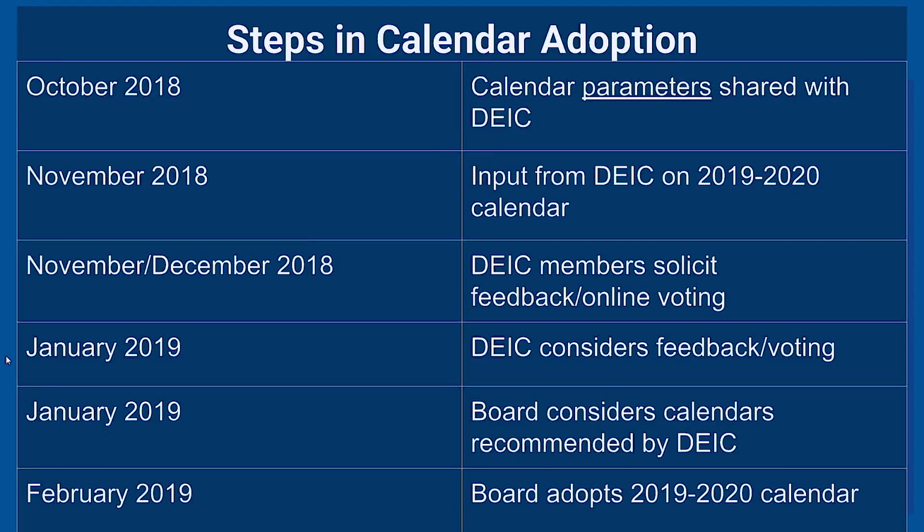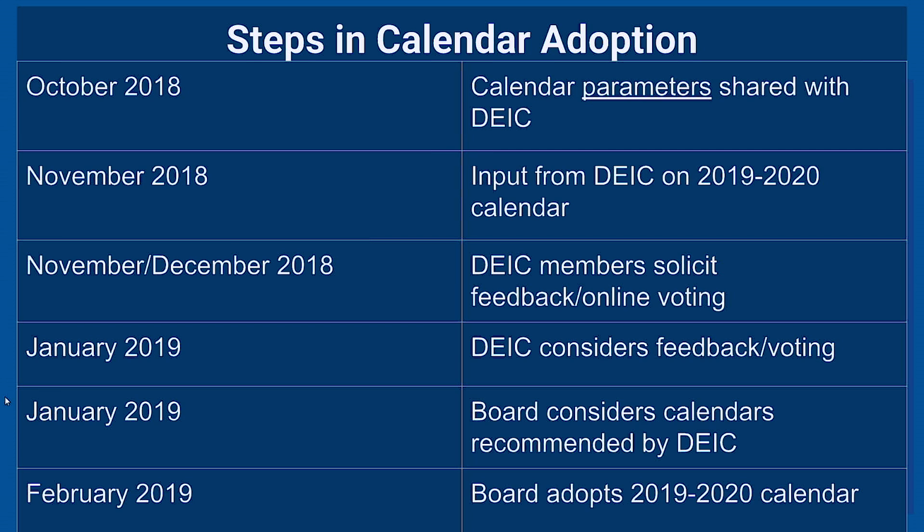With that, Dr. Trammell. Good evening. We'd like to get your input on any adjustments or comments that you have on the process for the 2019-20 school calendar. DEIC was given an overview of the parameters, including our District of Innovation parameters that we want to take advantage of at the October meeting, and I've linked that presentation under parameters.